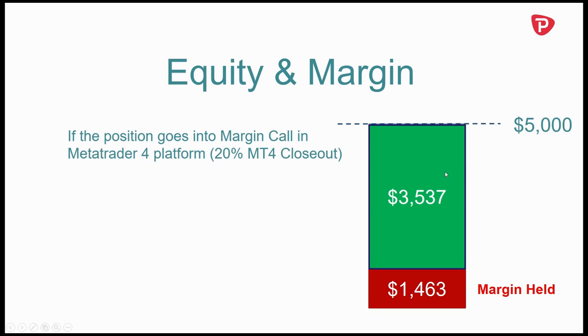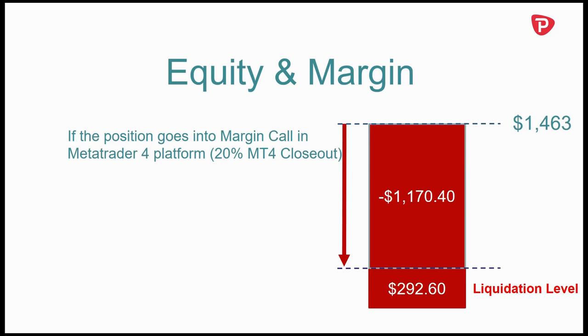You can see the green level represents our free margin, and the red level represents our margin held. Now, like in the previous example, if our position goes $3,537 against us, we'll enter our margin held area. If this happens, a margin call event will soon be triggered if the trade goes further against us.